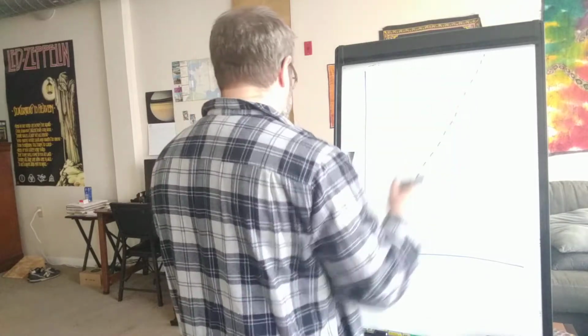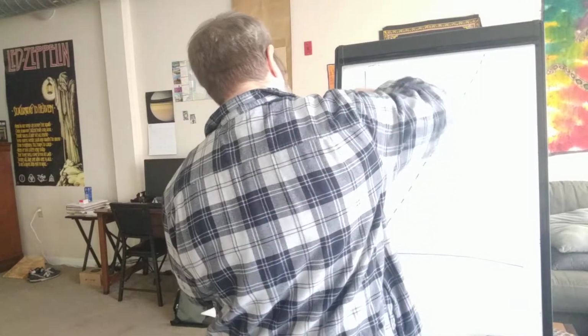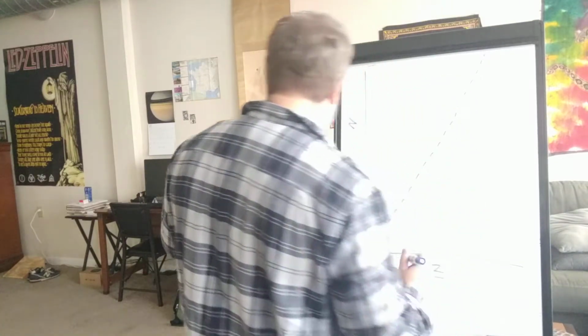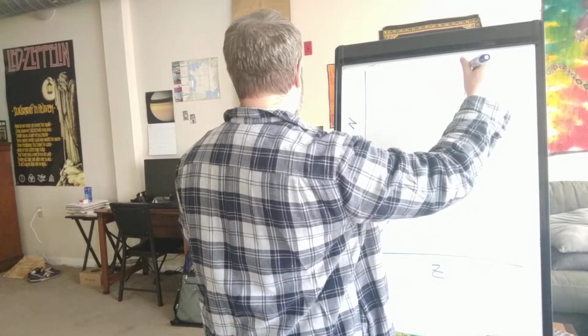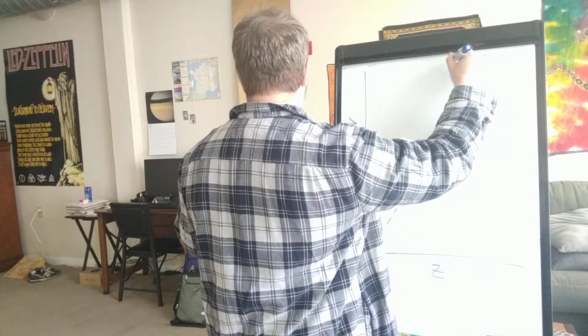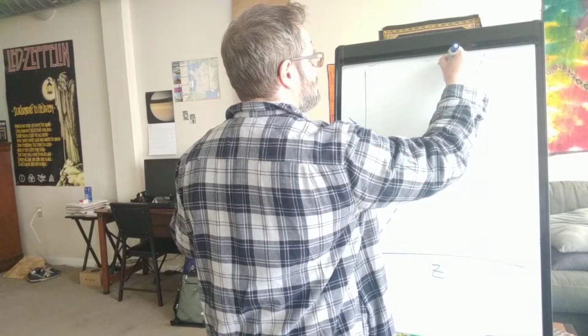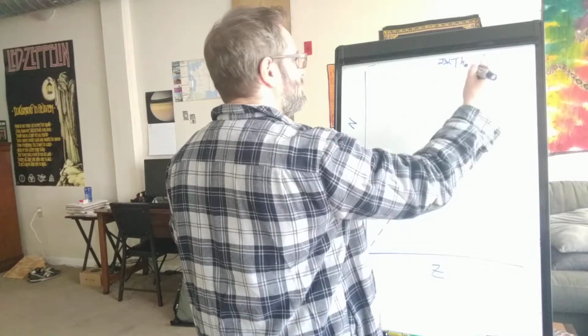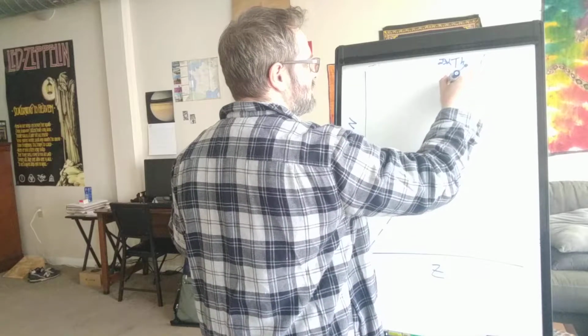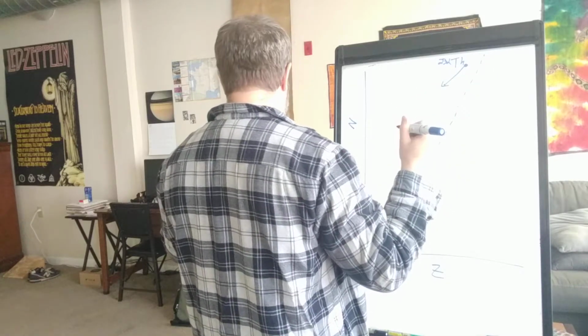So this is the line of stability. This is N, this is Z. And we might start off with, say, thorium-232. So not on the line of stability, but it can alpha decay, losing 2 neutrons to protons.